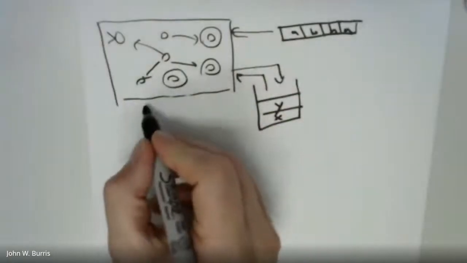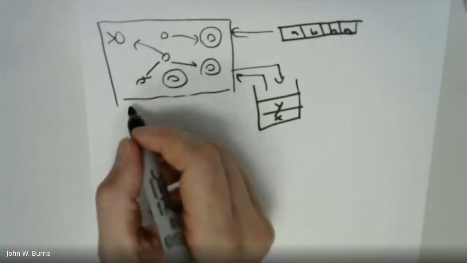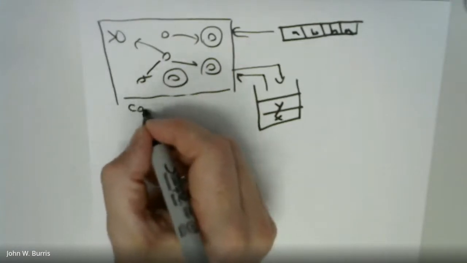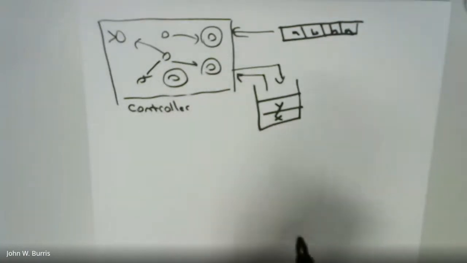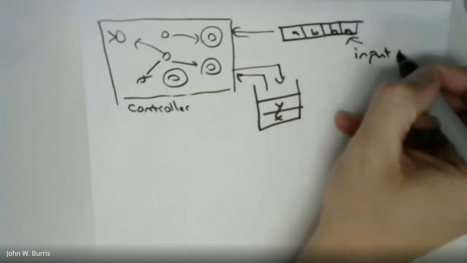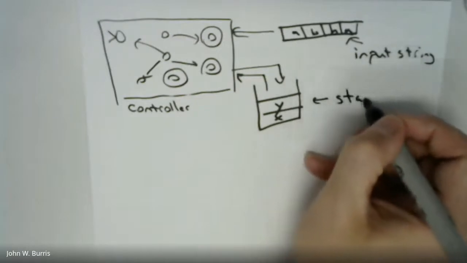So we had this, which I guess we probably need to give a name to, all right? So we're going to call this the controller, meaning the state controller, not like MVC controller, right? This is the input string, and this is the stack.